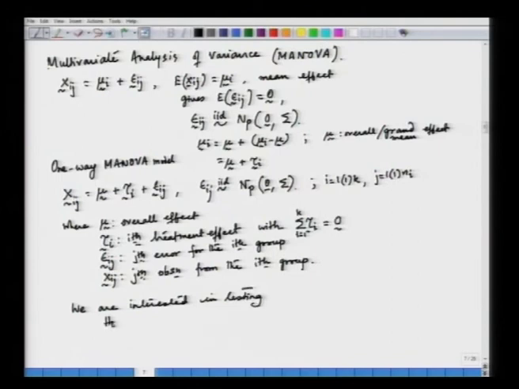Instead of writing the null hypothesis in terms of mu I, it is equivalent to write it in terms of the treatment effects. So, the null is that all the tau i's are equal, tau 1 to tau k, against the alternative that there exists at least one inequality.